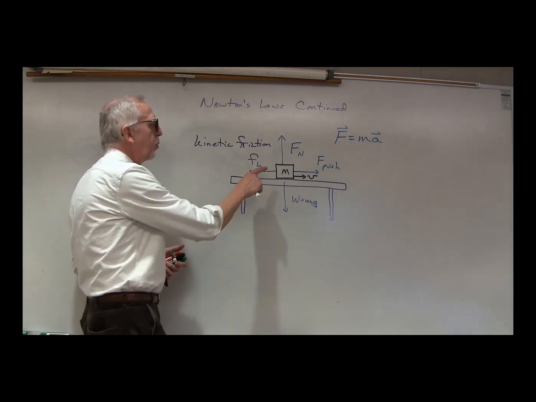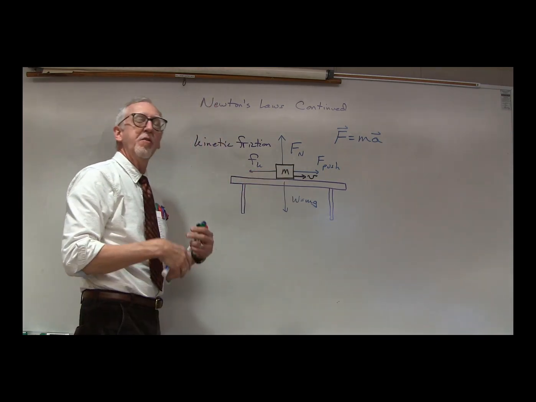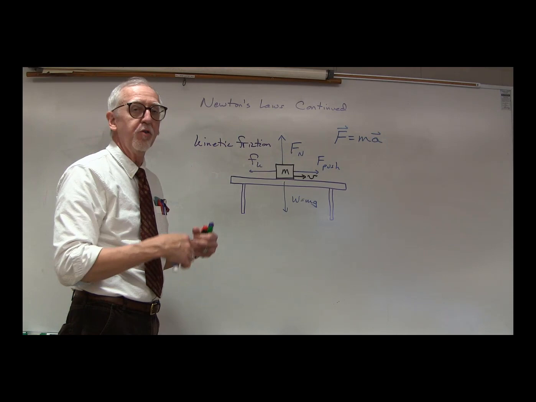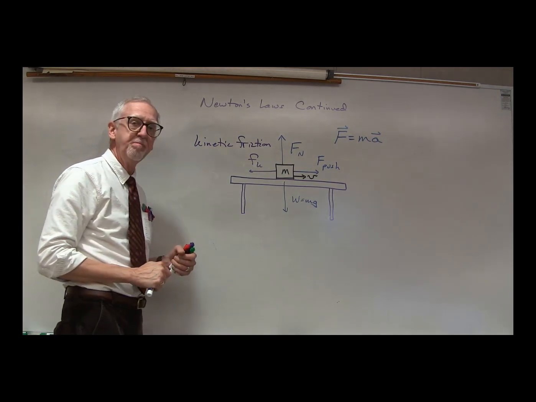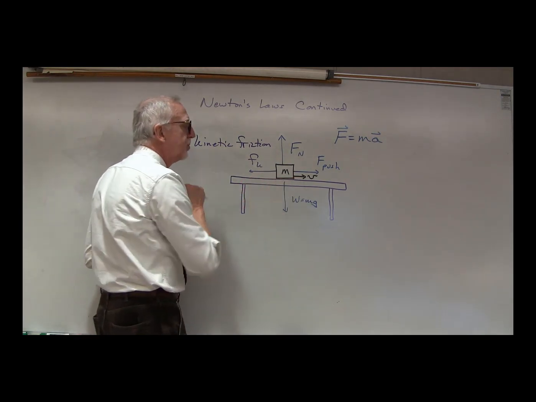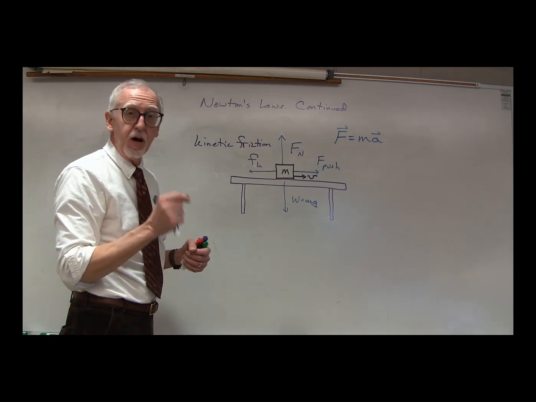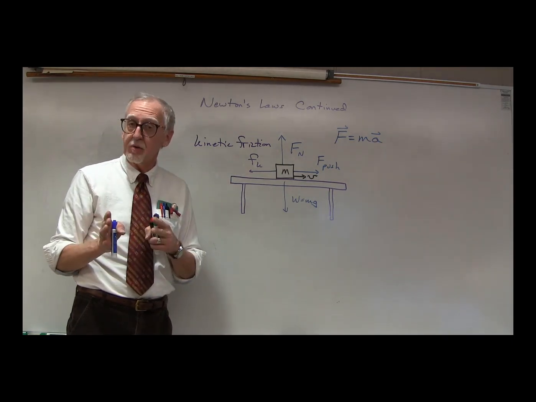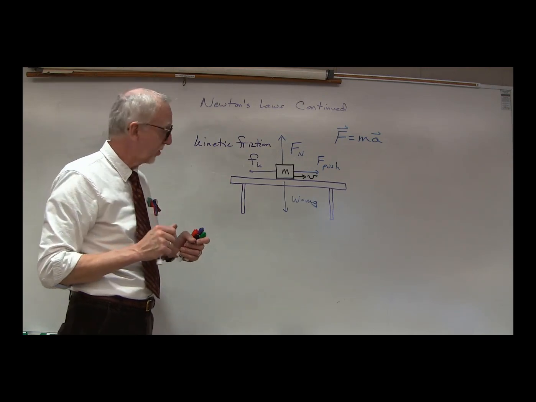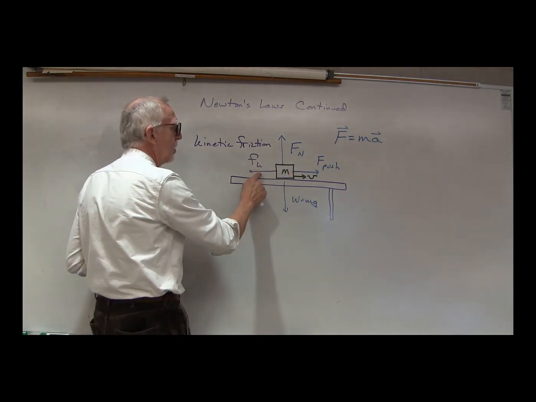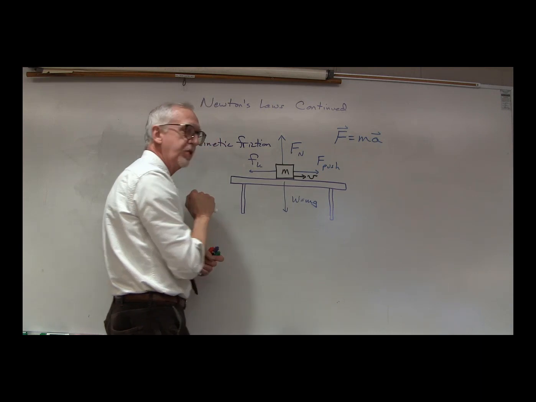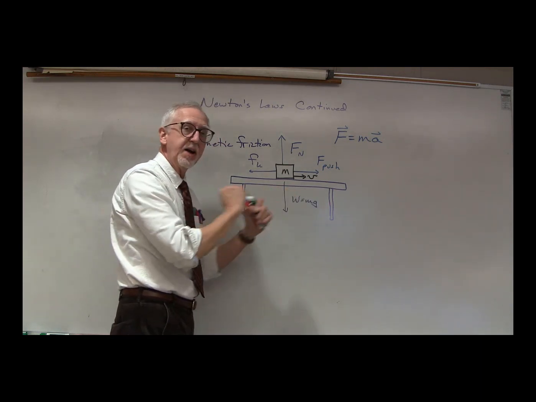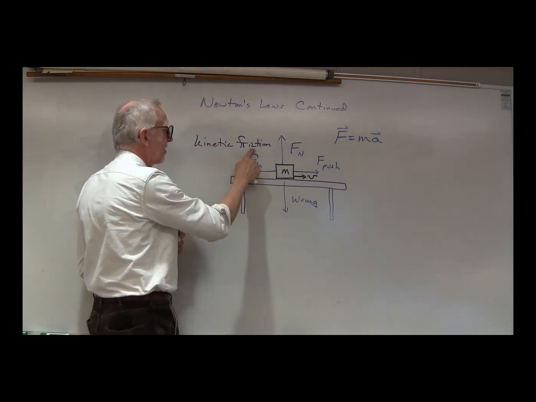Now we'll assume that we are pushing on the book hard enough to have overcome Fs max, the maximum value of static friction. But we're going to assume that we're pushing it at a constant velocity. Constant velocity means 0 acceleration. 0 acceleration means 0 net force. So we must have another force balancing our pushing force, and when the object is sliding, we call that the kinetic friction.